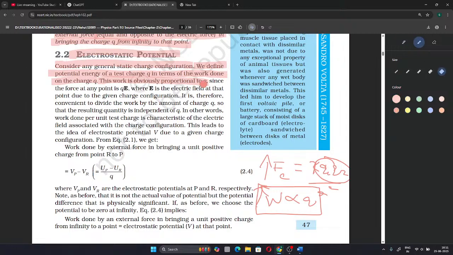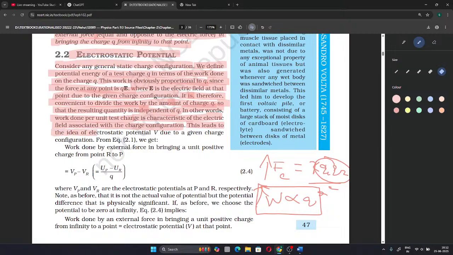Now, since the force at any point is QE, because we know the equation E equals F by Q and F equals QE, where E is the electric field at that point due to a given charge configuration, which we learned in the previous chapter, it is therefore convenient to divide the work by the amount of charge Q, so that the resulting quantity is independent of Q. In other words, work done per unit test charge is characteristic of the electric field associated with the charge configuration.